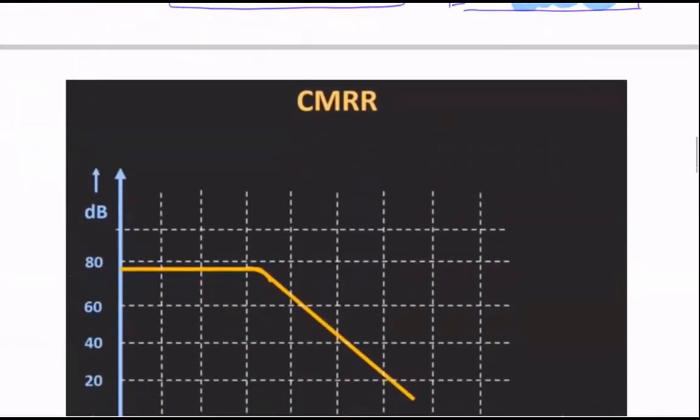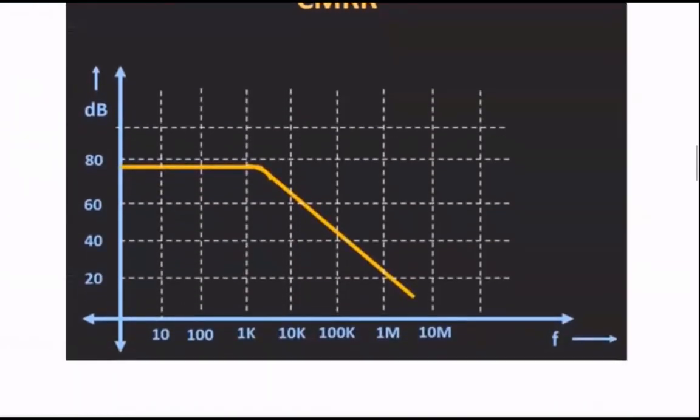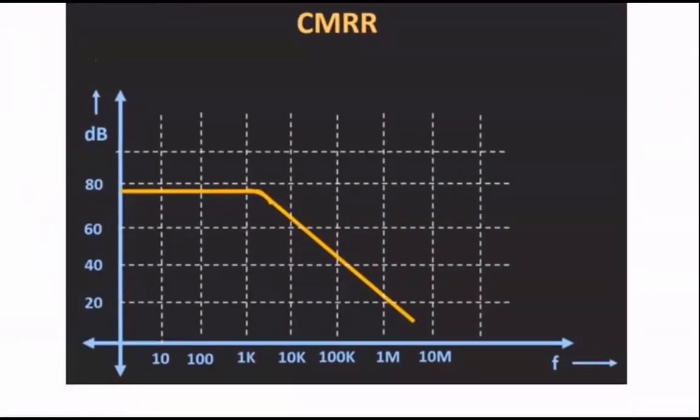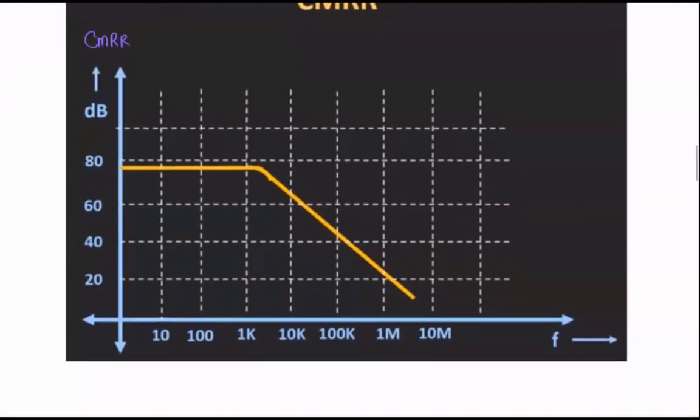I told you I'm going to give you a relationship for the common mode rejection ratio. So here you have the common mode rejection ratio, and on the x-axis you have frequency. What relationship do you see over here? As the frequency is increasing, the common mode rejection ratio is actually decreasing.